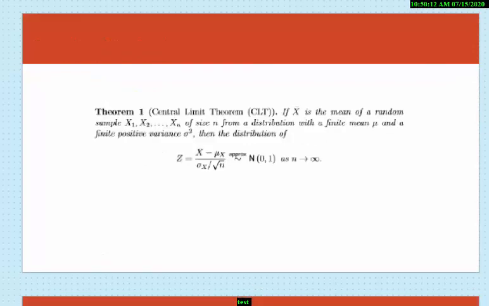What the central limit theorem tells us, let me read what you have on the screen.